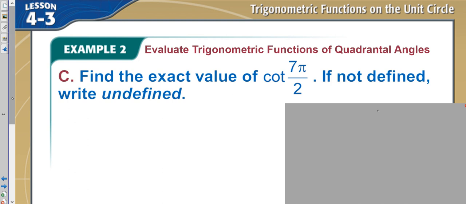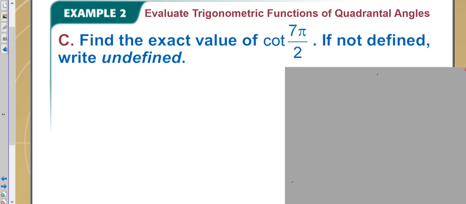Now, let's try this one. 7 pi over 2. Well, if you were paying attention earlier, I said every quadrantal angle is pi over 2 away from each other. So if this is 0, this is the same thing as pi over 2. Remember, pi is 180 degrees, so 180 divided by 2 is 90 degrees. This would be pi, this would be 3 pi over 2.